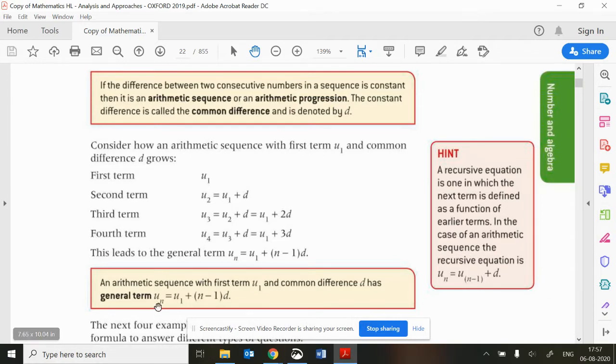So a general term would take you from, I'll give you n is 100, and you'll need to give me the 100th term. Whereas a recursive equation is if I say to you, here's the 99th term, what's the 100th one? That's a recursive definition.